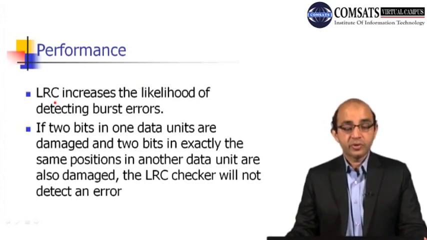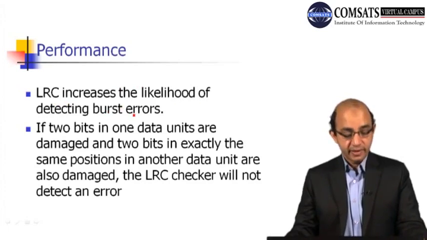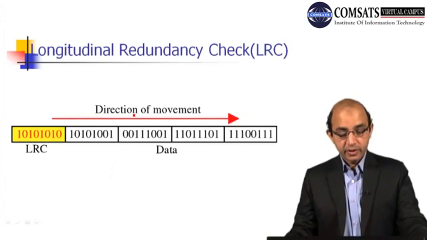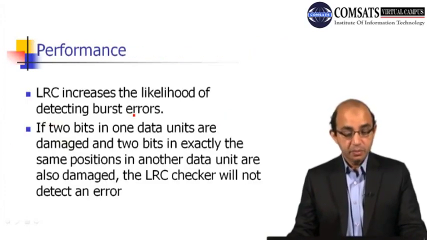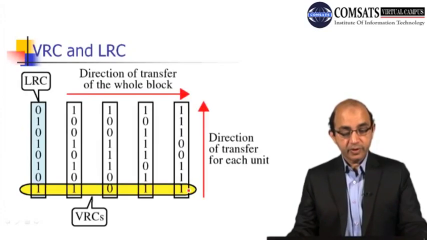So let's talk about the performance of LRC. It increases the likelihood of detecting burst errors. So it has the capability to detect burst errors, but if 2 bits in one data unit are damaged and 2 bits in exactly the same position in another data unit are also damaged, the LRC checker will not detect an error, right? So this is the bottleneck.